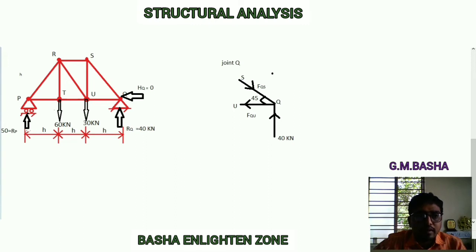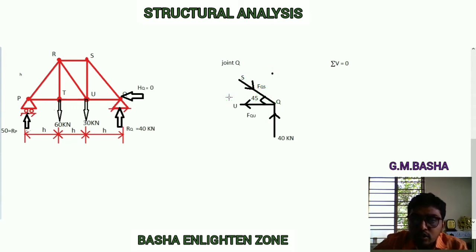See here, I am taking sigma V equal to 0 and resolving vertically. This 40 kilonewton will be acting upwards. I am resolving this one vertically. What happens? The force in the member QS will come and act in the straight line.